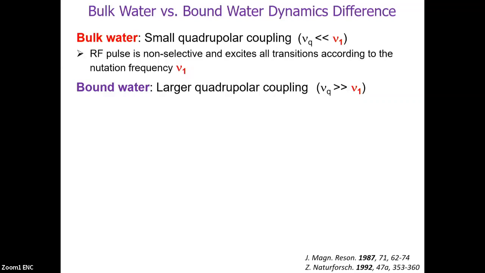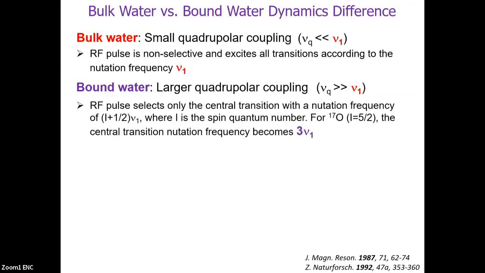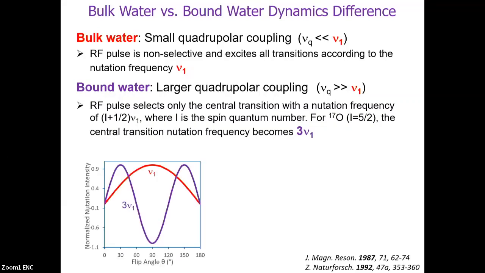On the contrary, if the quadrupolar coupling is much larger than the applied pulse, the nutation frequency will follow this equation, I plus 1/2 times nu1, which for O-17 is 5/2, so it's 3 times nu1. If we plot the nutation profile against the flip angle, the bound water would oscillate 3 times faster than the bulk water.